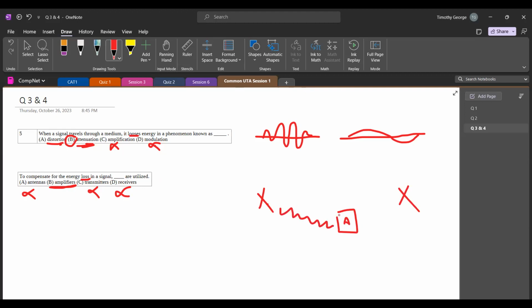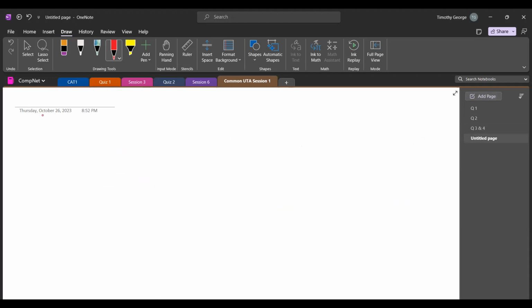You would lose some amount of energy. The amplifier would amplify the signal, and then you'd be able to pass it on to the next node. Right? Okay, that was these questions. Just give me a minute. I'll copy another question.